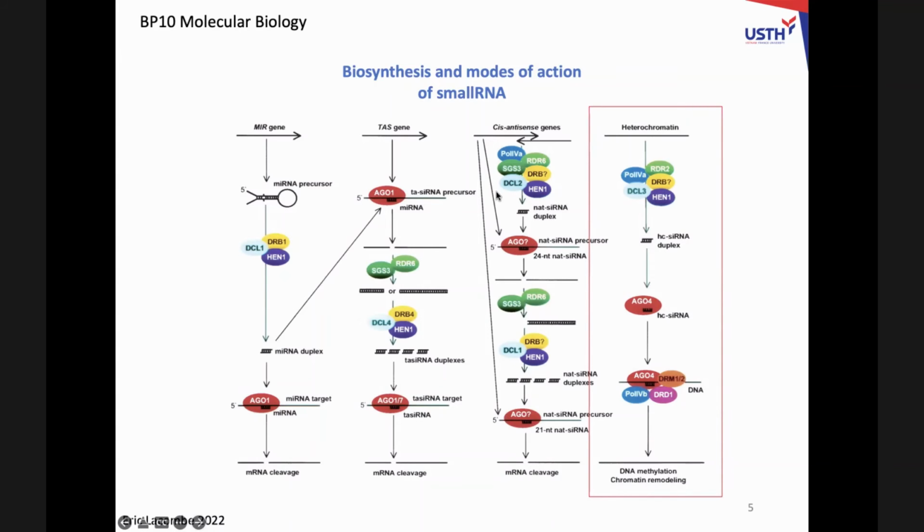So, three pathways here, the first three from the left. The consequence of this small RNA, I will explain after how it works, is that its presence leads to the degradation of messenger RNA.